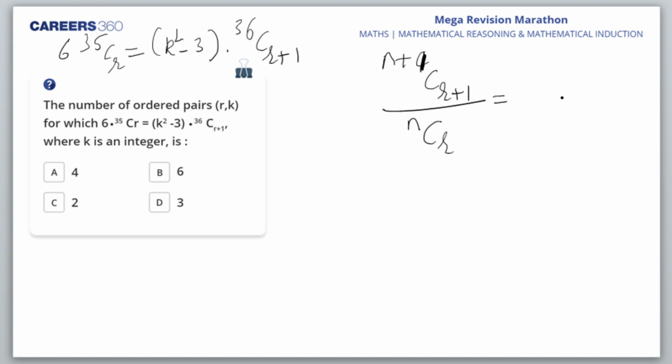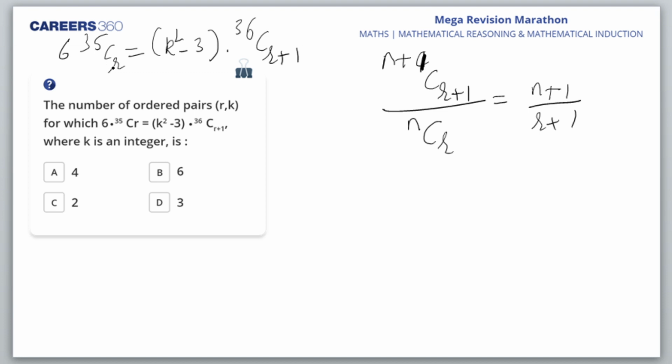Okay, Rocky. So N plus 1 C R plus 1 upon NCR would give me N plus 1 upon R plus 1. Hello? Yes, students? This is what we get. Am I right or wrong?